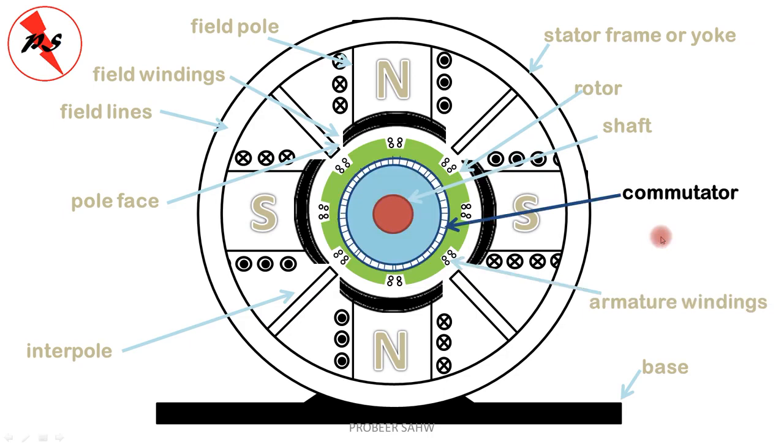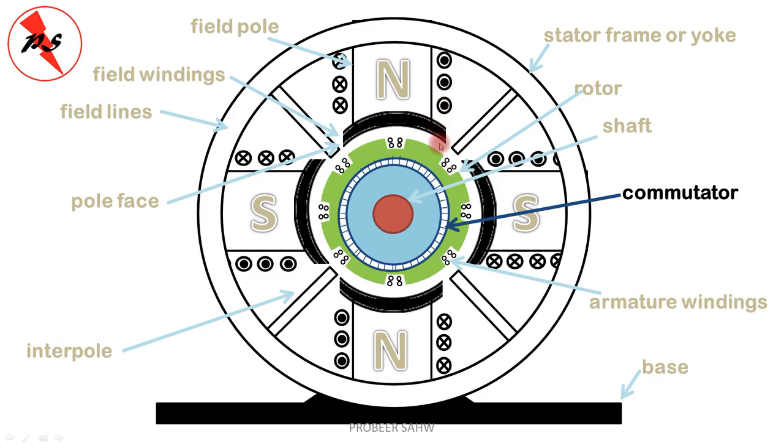Apart from this, we have a commutator, which is again fixed on, or supported by, the shaft. The role of the commutator is that in this DC machine, the EMF that is induced in the conductors is basically AC in nature, but we must obtain DC electricity from this machine.